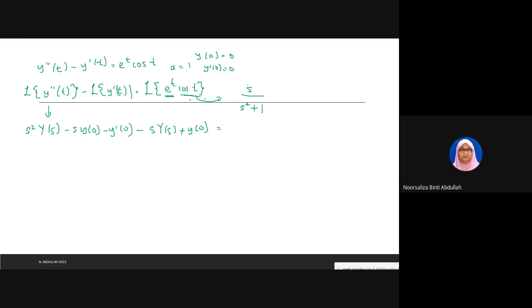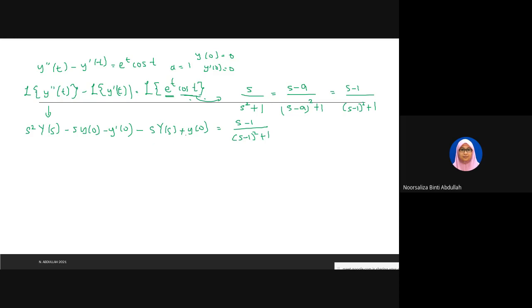Okay, so here will be (s minus a) divided by (s minus a) square plus 1. Then you replace a with 1: (s minus 1) over (s minus 1) square plus 1. Okay, so you gantikan tu masuk kat sini.